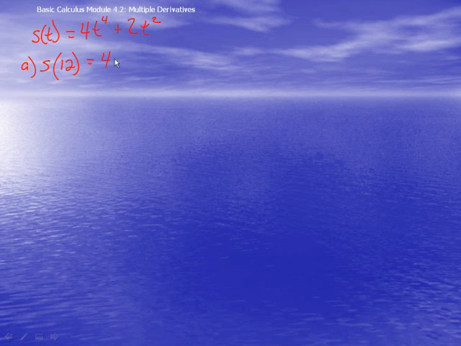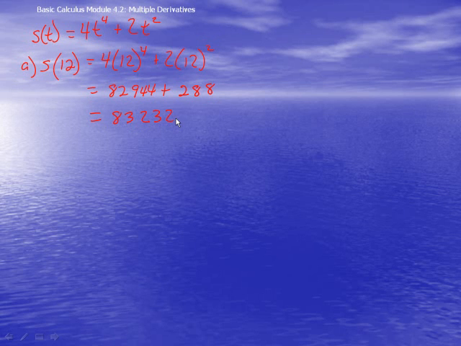So this would be 4 times 12 to the fourth power plus 2 times 12 to the second power, which, using our calculator, the first one gives us 82,944 plus, and the second one gives us 288. If we add these together, we get 83,232, and this is yards that the Roadrunner covered after 12 seconds.